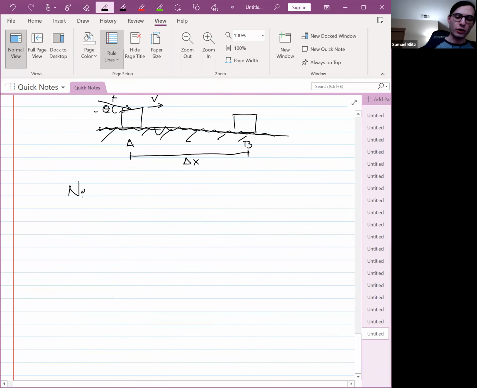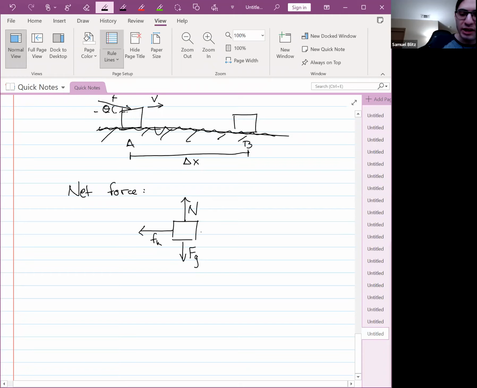To do the net force, it's relatively easy. It's a rough surface. I'll just draw a block. We do our free body diagram. We know that there's a normal force pointing up. There's a gravitational force pointing down. There's a kinetic frictional force pointing left. We're assuming it's already moving at some speed v.